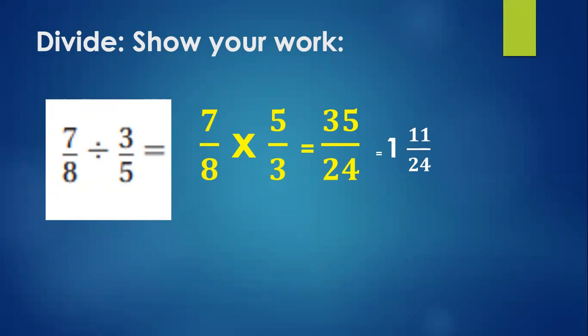Then multiply the numerators because there are no common factors. So 7 times 5, 35. 8 times 3, 24. So you will get 35/24, which is an improper fraction, a fraction greater than 1. And when you divide, you will get 1 and 11 out of 24.